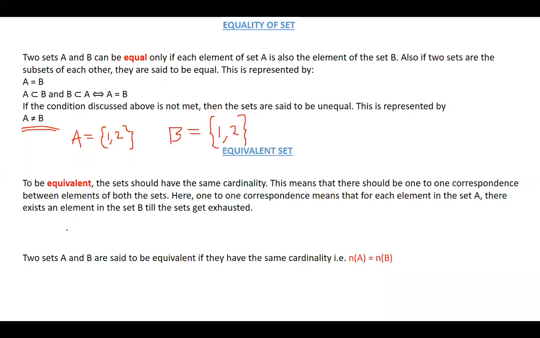Let us now look at these two sets. We have A, which is equal to the small letters a, b, and c. And then we have set B here, which is equal to 1, 2, 3.